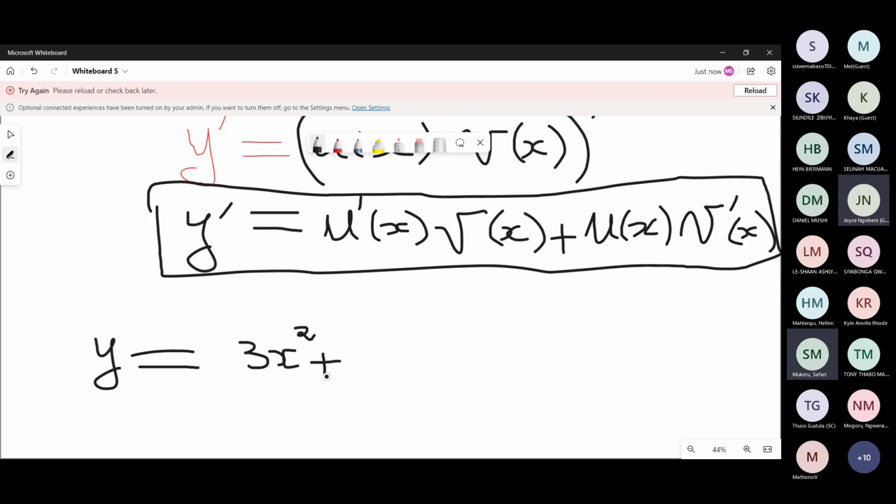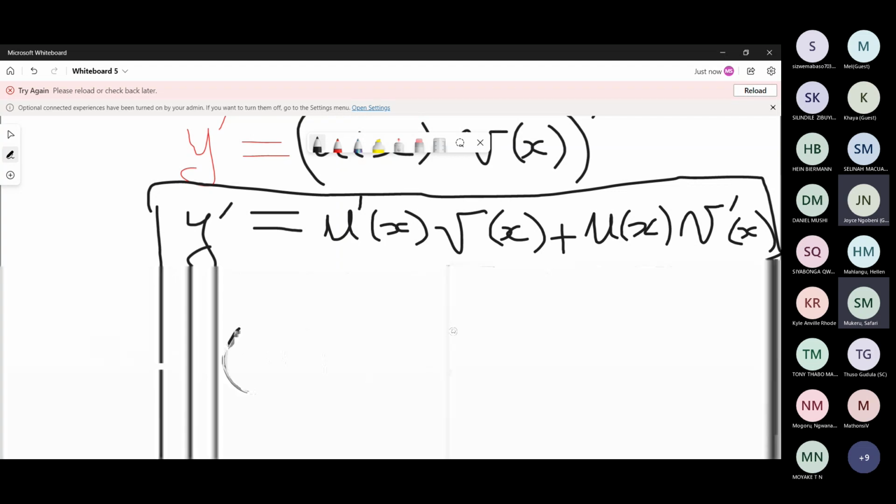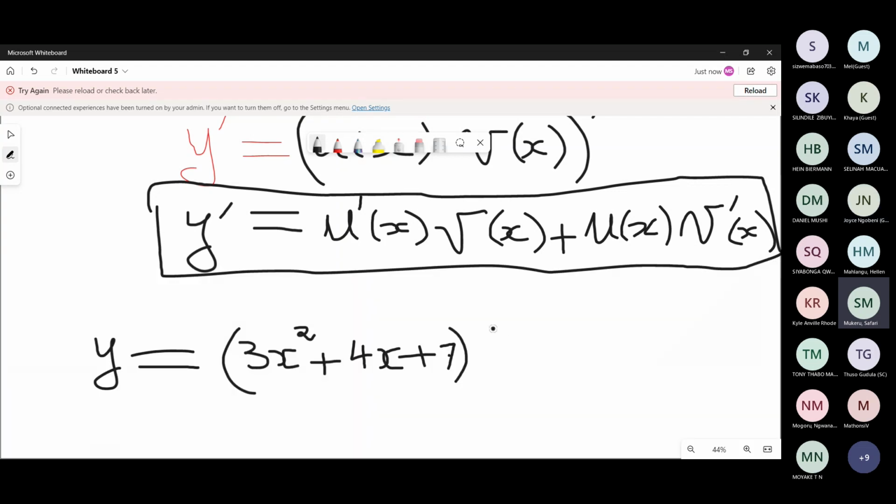Please give an example. Plus 4x. Plus what again? Just give a number. You can add a constant as the last term. Give 7, maybe 7. Yeah, 7. I see you like 7. Multiplied by, no problem, I'm joking. Times.